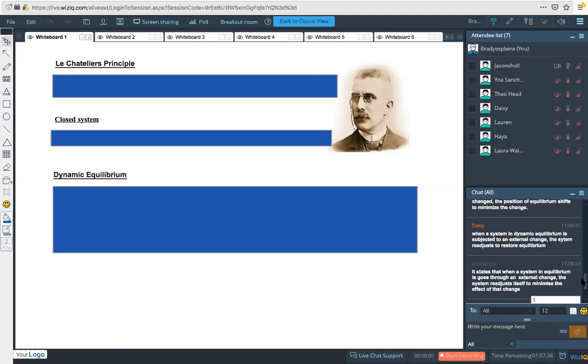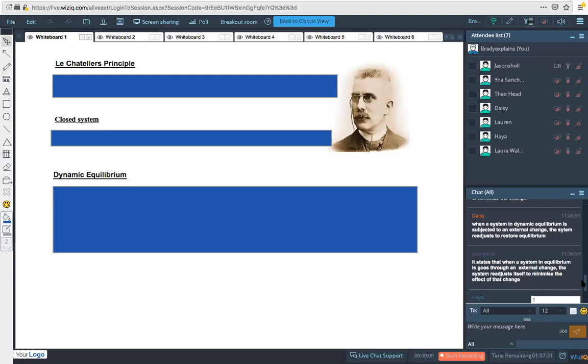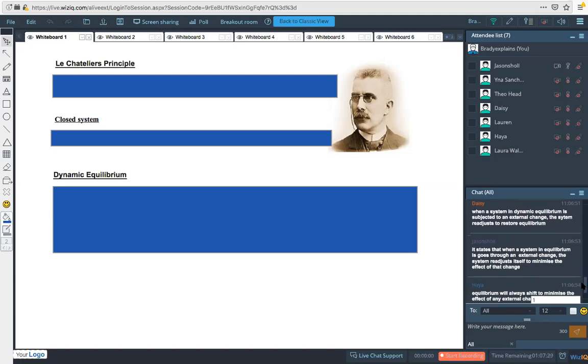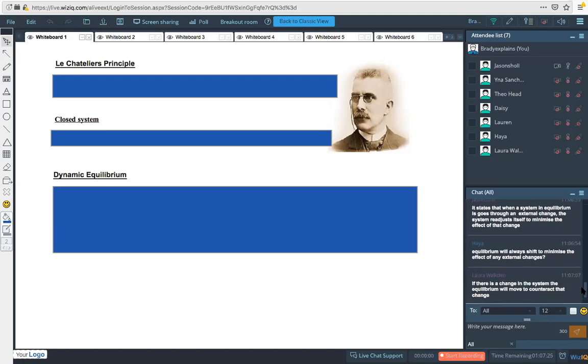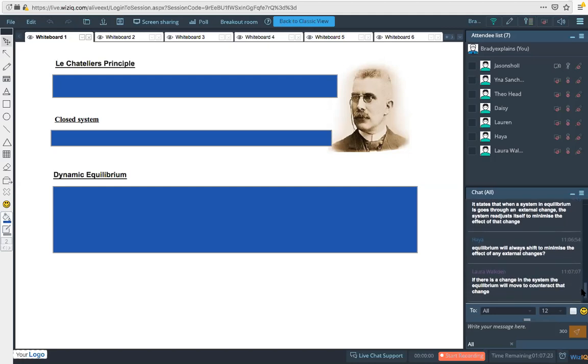We're going to talk about what that means in a sec. Same there, Jason. Excellent. Definitely all true, but again, I'd replace that word system with position of equilibrium. It's not the equilibrium that shifts, it's the position of equilibrium, which is different to the equilibrium itself. Really good answers there, guys.